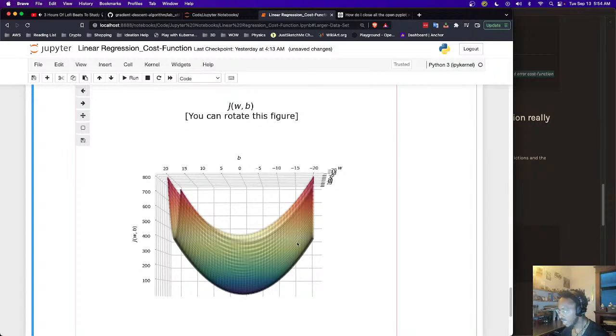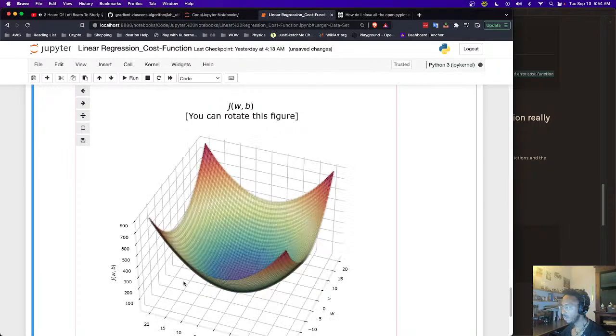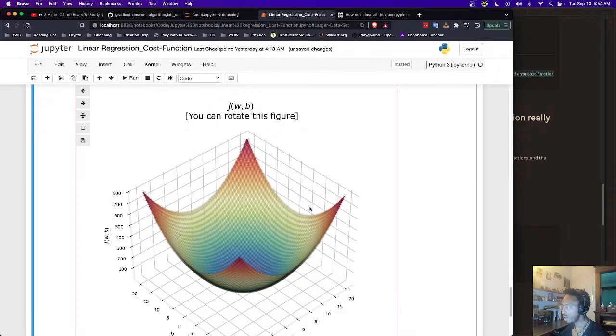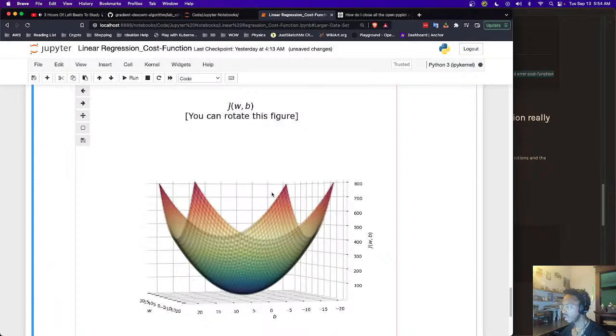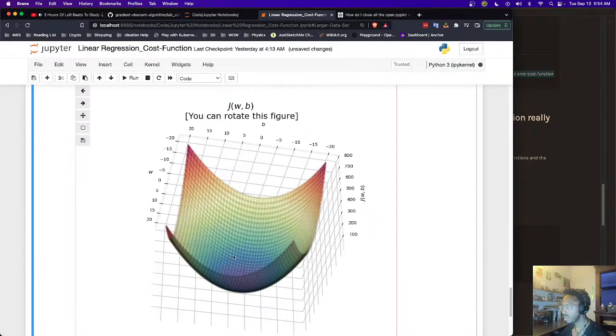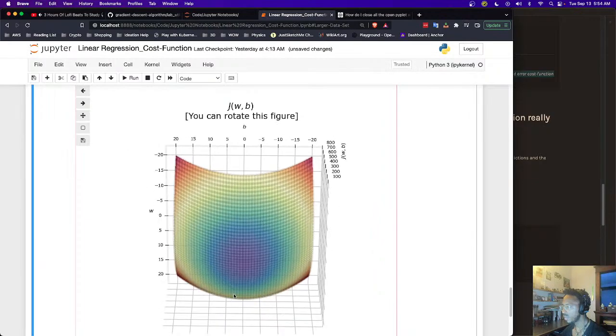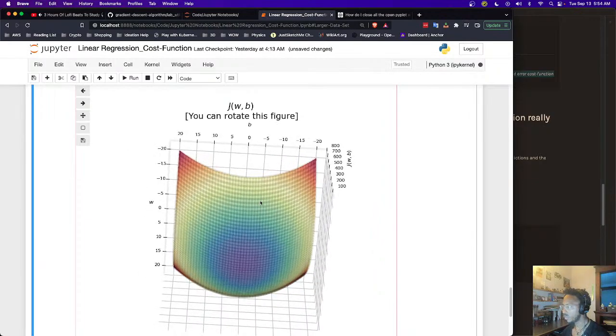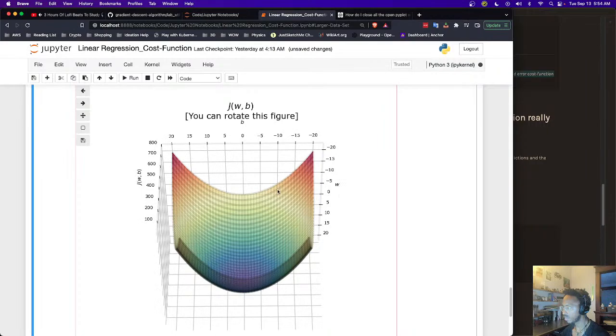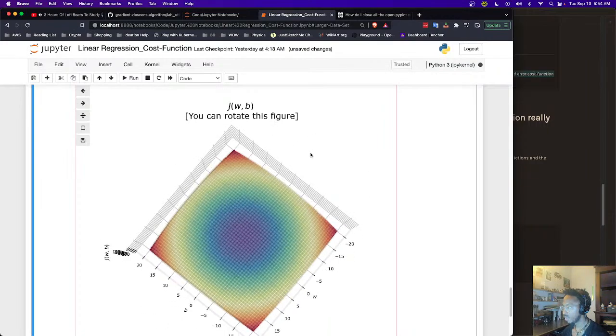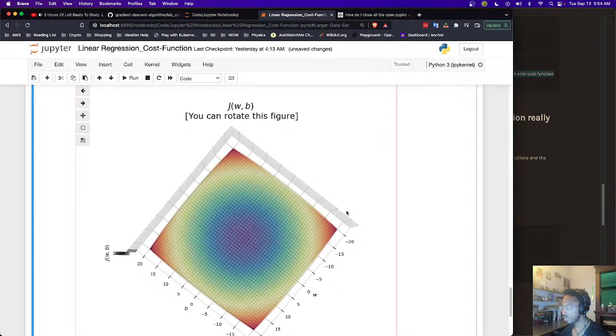If you follow this gradient descent from any position on the outer corners or the exterior, descending towards the base of this soup bowl, it'll always lead you toward that minimum cost, where the blue and the purple is. It's always going to be in the middle of that.